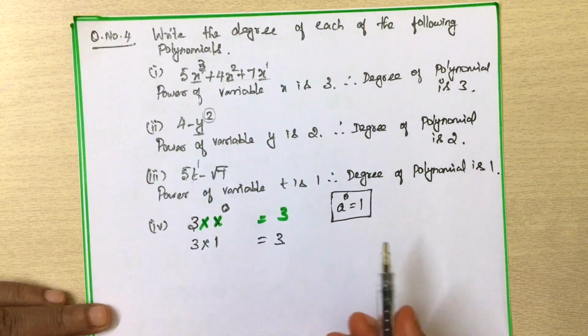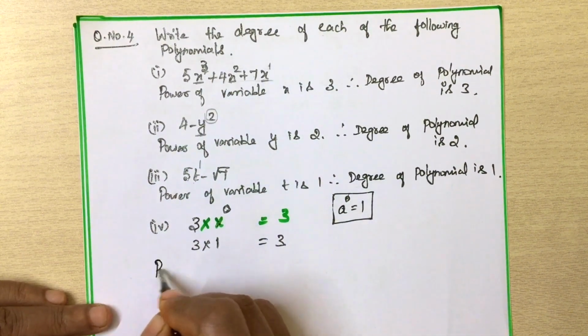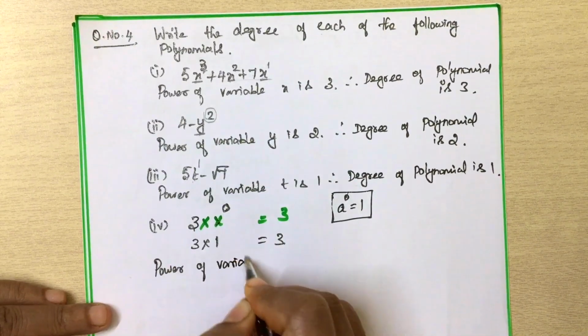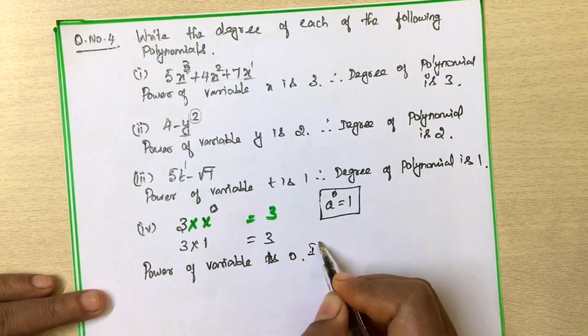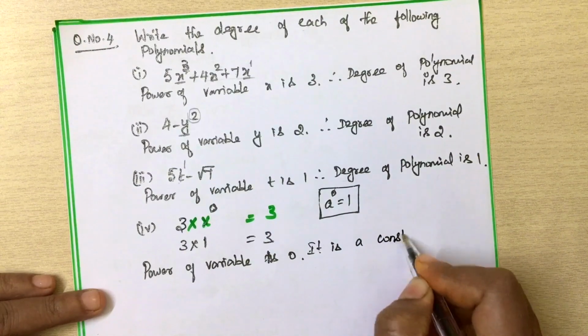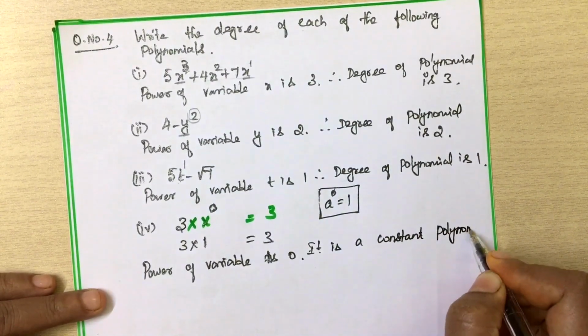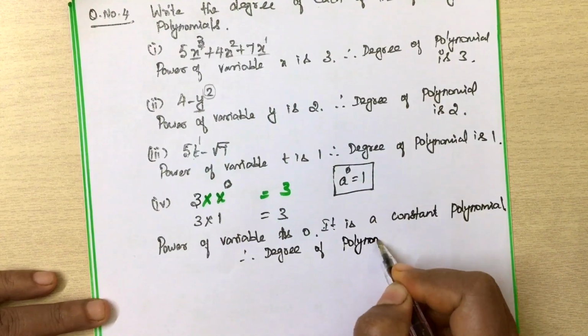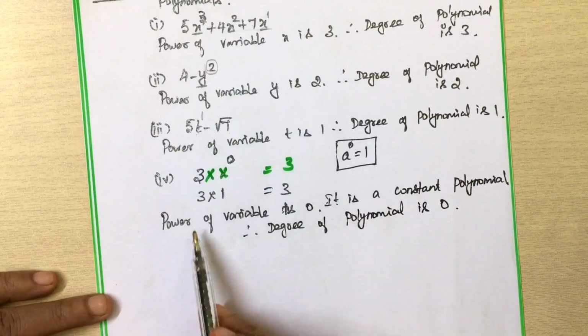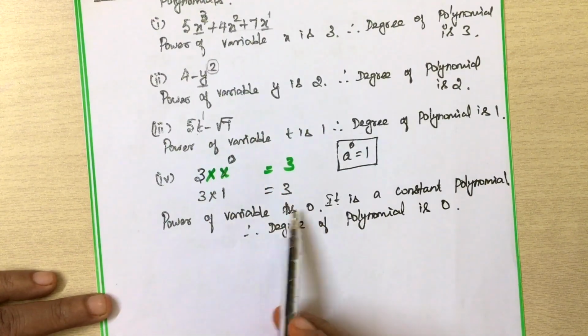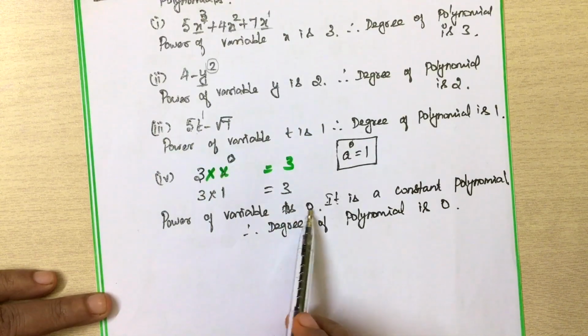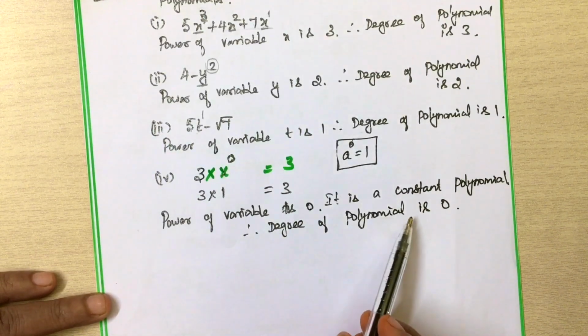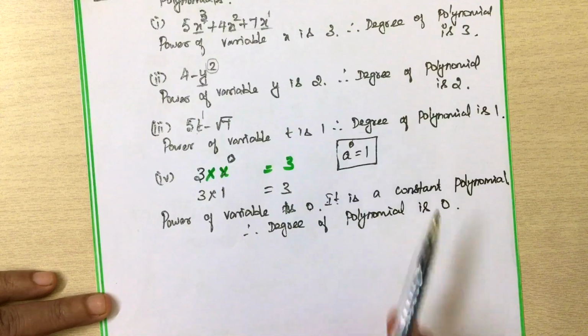Therefore, degree of the polynomial is 0. Always remember, for any constant, the power of the variable is 0. Therefore, the degree of the polynomial is 0.